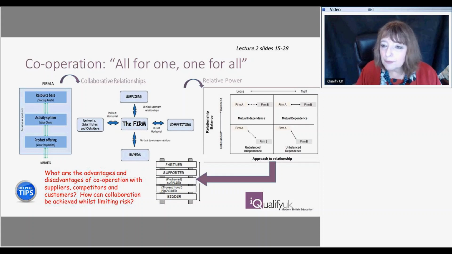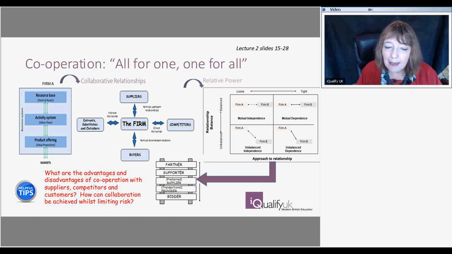And under the helpful tips, the questions I would ask there are, what are the advantages and disadvantages? Remember, you should be critically reviewing some of these things and devising different ideas of cooperation. So what are the advantages and disadvantages of cooperation with suppliers, competitors and customers?